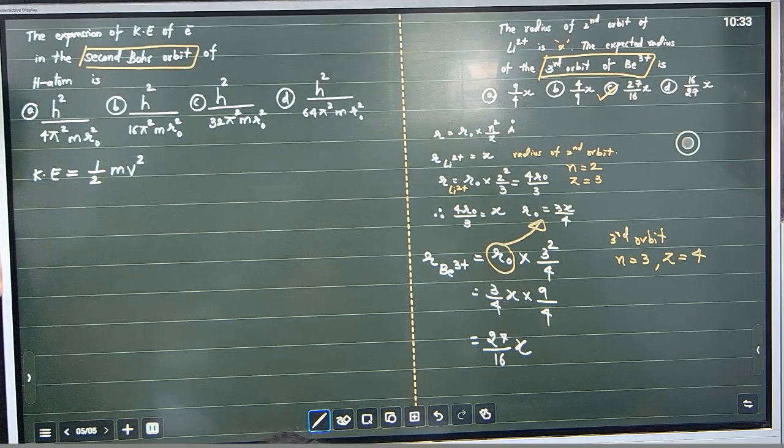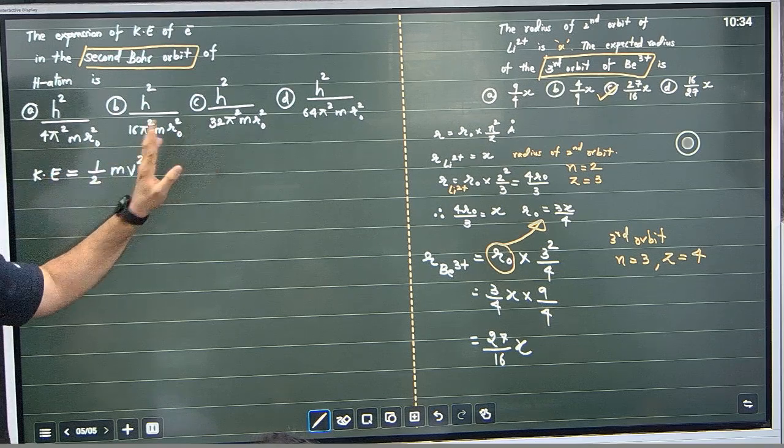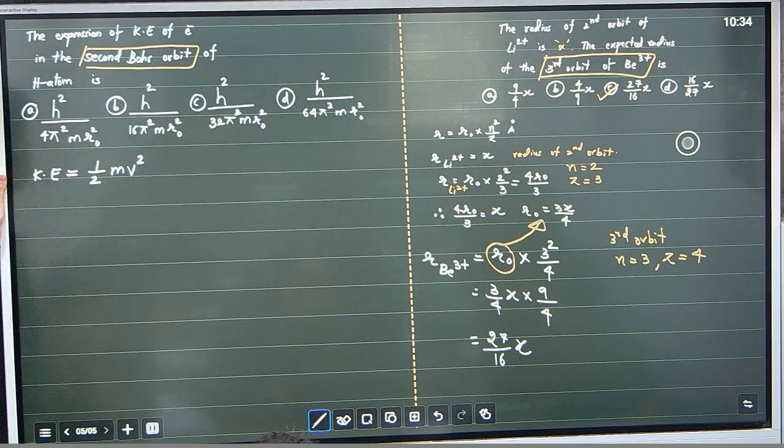Okay. Now if you look in the options, we need h, we need pi, we need m. We've learned only one formula which has h, which has pi, which has m. Which formula have we learned?